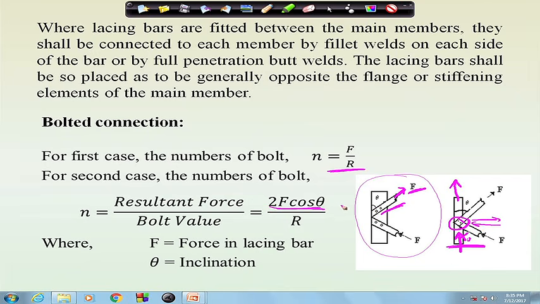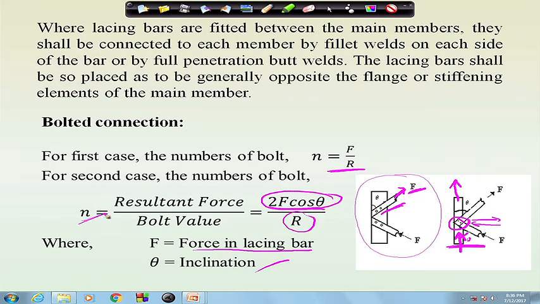So, 2 F cos theta will be the resultant force, and if we consider bolt value R, then 2 F cos theta by R, right, where theta is the angle of inclination and F is the force in the lacing bar.